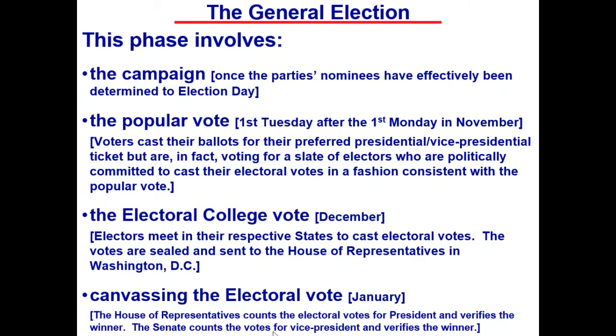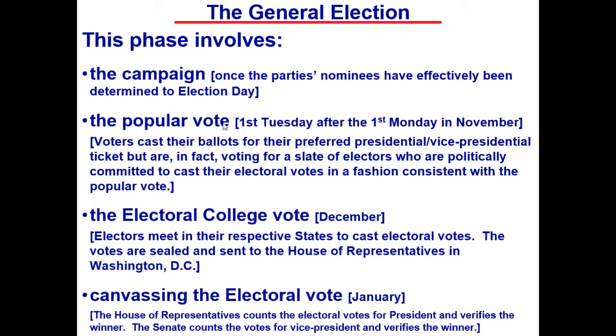That's the broad features of the way that the calendar unfolds: the campaign, the popular vote, the electoral college vote, and then the actual canvassing of the vote in January. So we don't know, technically, until January, who the next president is.